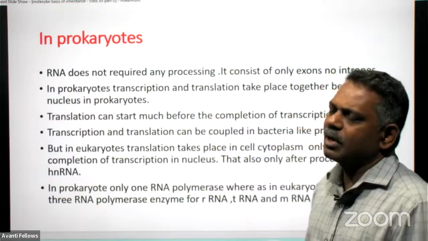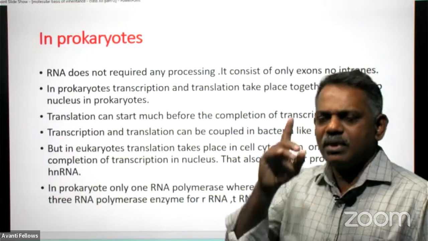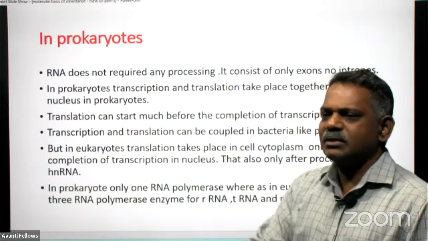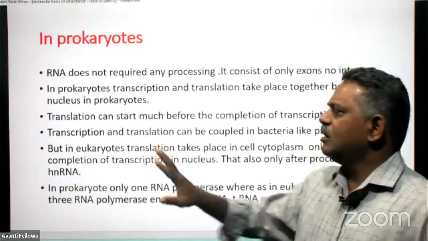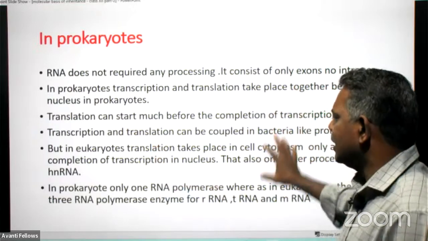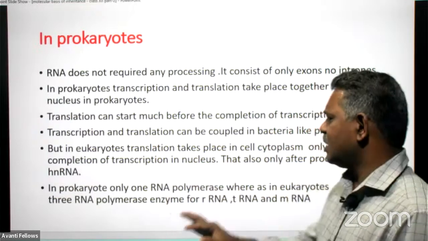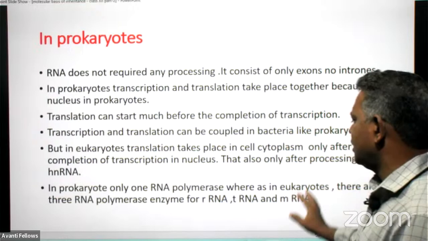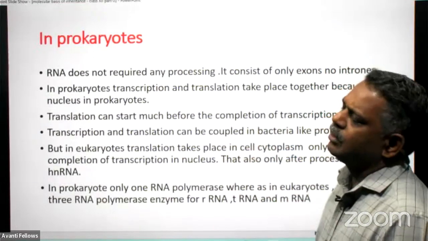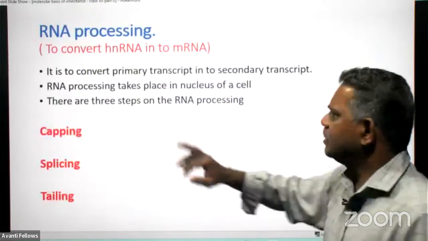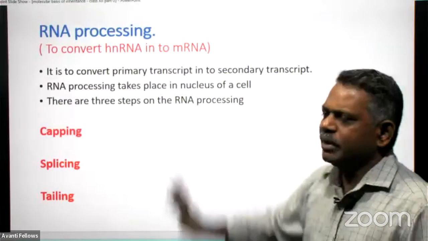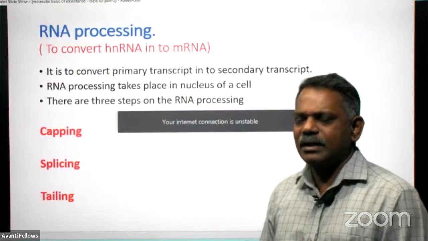Whereas in prokaryotes, one RNA polymerase is enough for synthesizing all three types of RNA, tRNA, rRNA and mRNA. You have to remember this difference between prokaryotes and eukaryotes, because many times it is asked in the examination.